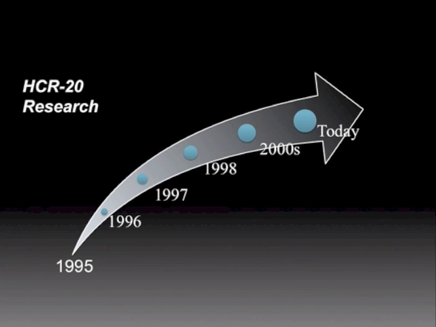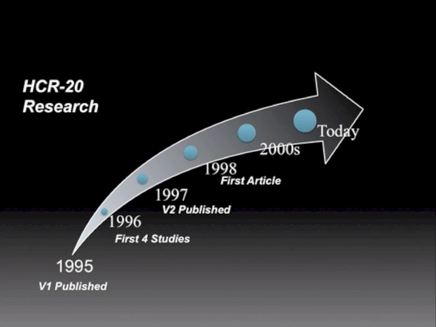So let's start in 1995. 1995, as Steve pointed out, was the publication of the first version of the HCR-20. In 1996, just a year later, the first 4 studies were completed. Now, these were master's theses and conference presentations at the time. In 1997, version 2 was published, and in 1998 was the first published article.